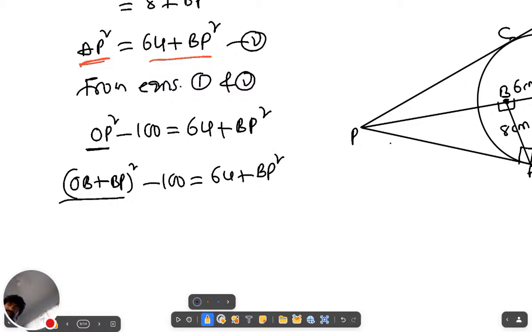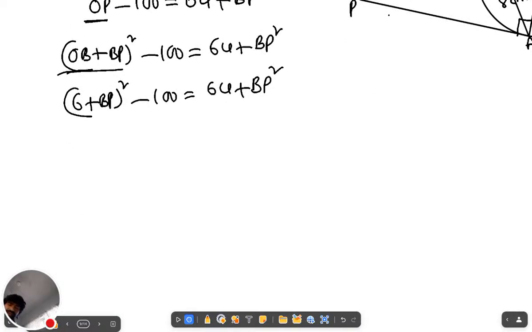Now again apply the (a plus b) whole square formula. Already we know the OB value, right? OB is 6, already we found. So (6 plus BP) whole square minus 100 equals 64 plus BP square. Applying the formula: a square plus b square means 36 plus BP square, plus 2ab means 2 into 6 into BP.